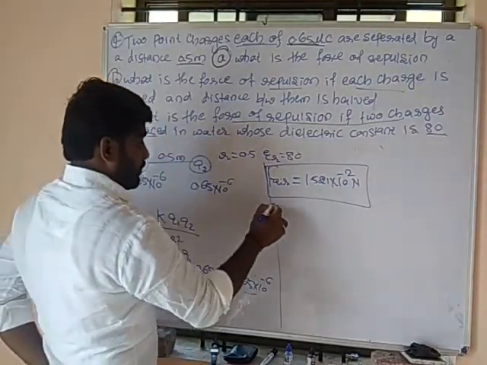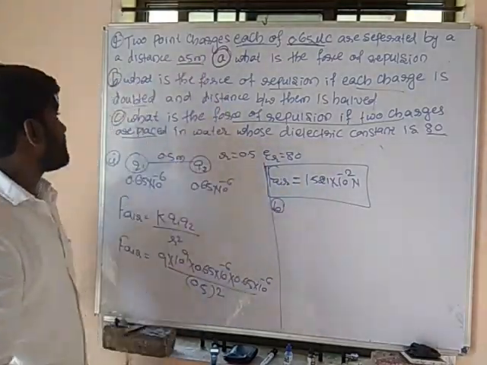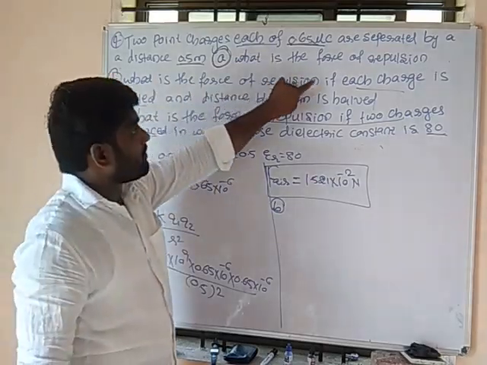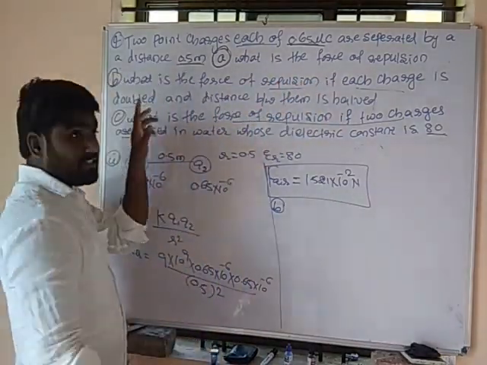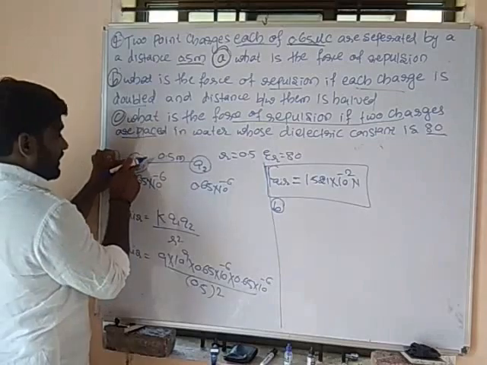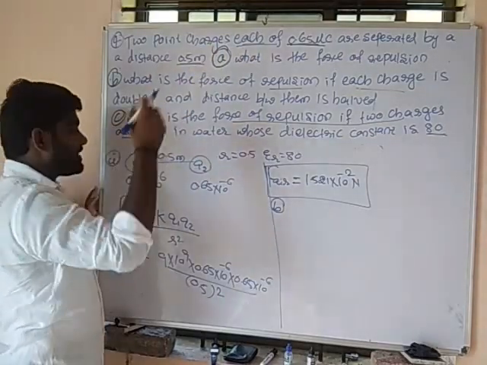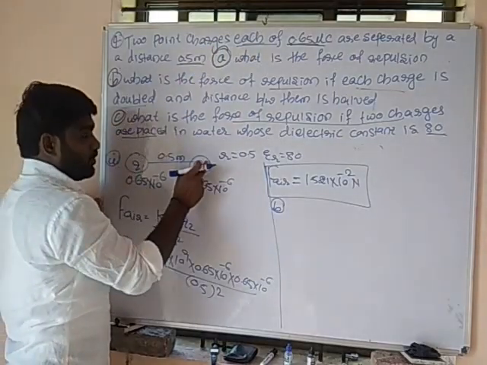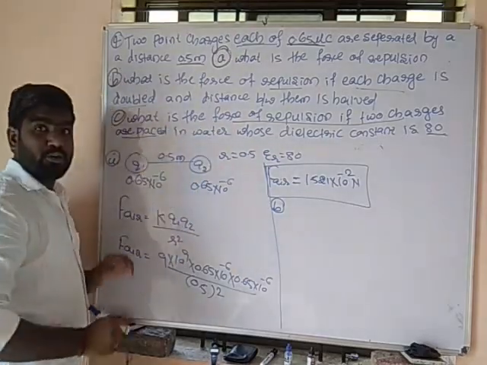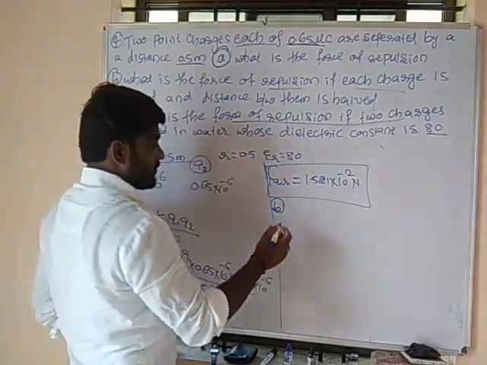Then come to the point of B. How to calculate B? What is the force of repulsion if each charge is doubled? See here, if Q1 is doubled, it will be 2 Q1. Q2 is doubled, it will be 2 Q2. Just write this formula.